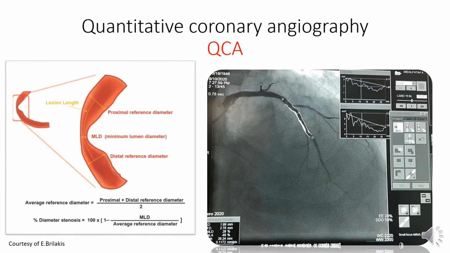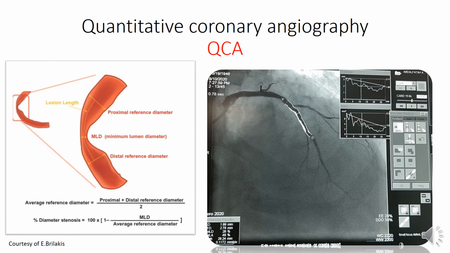So to be more accurate in assessing the severity of coronary lesions, there is a more objective method, which is called quantitative coronary angiography, or QCA. It is present in almost all cath labs. It depends on a simple idea, which is calibration of the image. Here is the catheter.